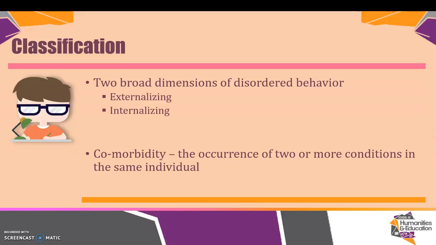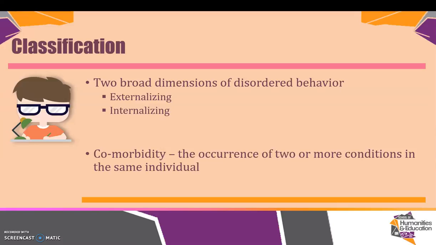So it might be related to alcohol use, drug use, some sort of conduct disorder, or even antisocial behavior. And internalizing behaviors are those that are negative and problematic, but that are directed inwardly. So anything related to distress or fear like depression and social phobias and panic disorders and so on, those would be considered internalizing.